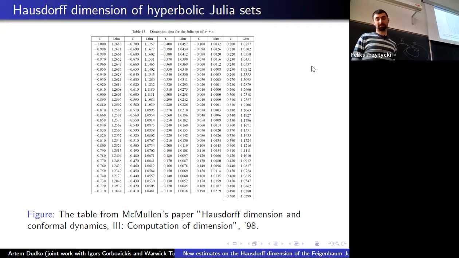Okay, so here, for instance, is an excerpt from Macmillan's paper, where he discusses this method. He made computations for various hyperbolic Julia sets for c from -1 to 0.5. These are some results of the computations.